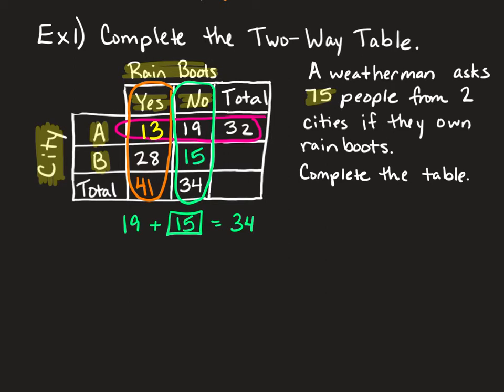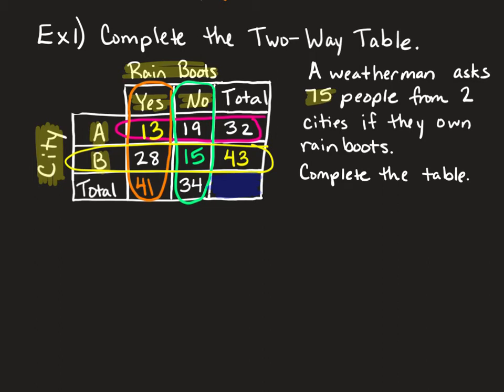So that works. And now I want to get these totals. To get totals, I could just add those up. For row B, 28 plus 15 equal blank, and they add up to get 43. Now to get that total in the bottom right corner, I could do this a couple different ways. I'm looking for this total right here in this bottom right corner.